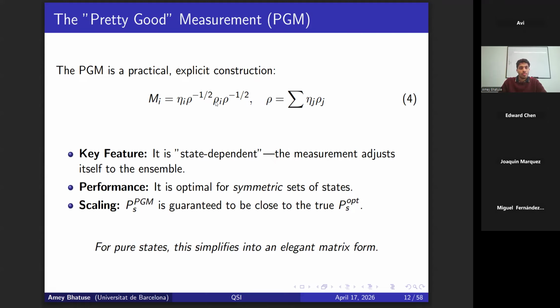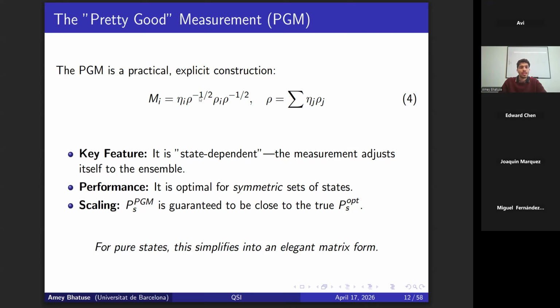You have the prior probability, you have the quantum state, and you are adding these extra operators here, where this rho is actually the summation of the prior times the quantum states. An insight here can also be that these operators are actually the normalized versions of each prior times its quantum state.